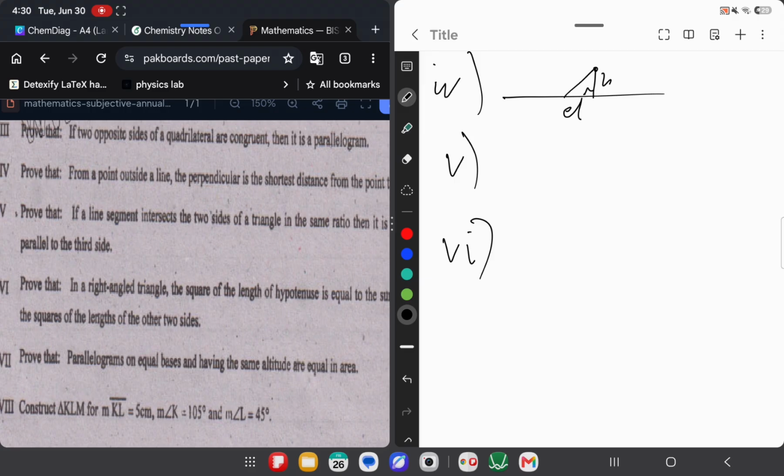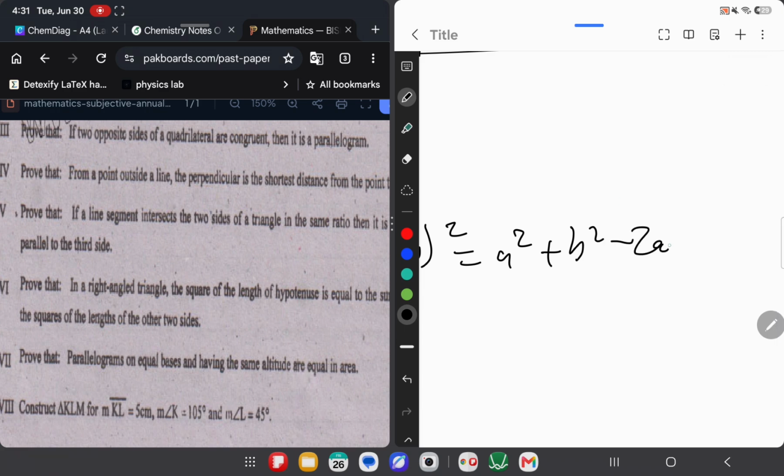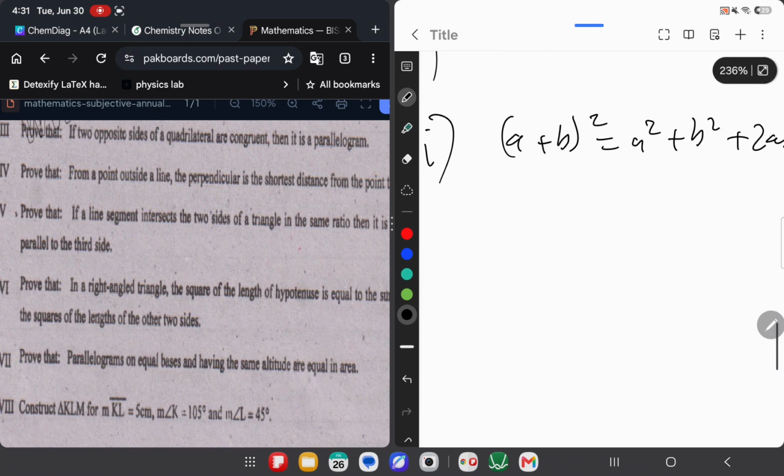The square of the hypotenuse is equal to the sum of the squares of the other two sides. Let's prove this. So we know a plus b whole squared is equal to a squared plus b squared plus 2ab. Now a plus b squared, what is that?